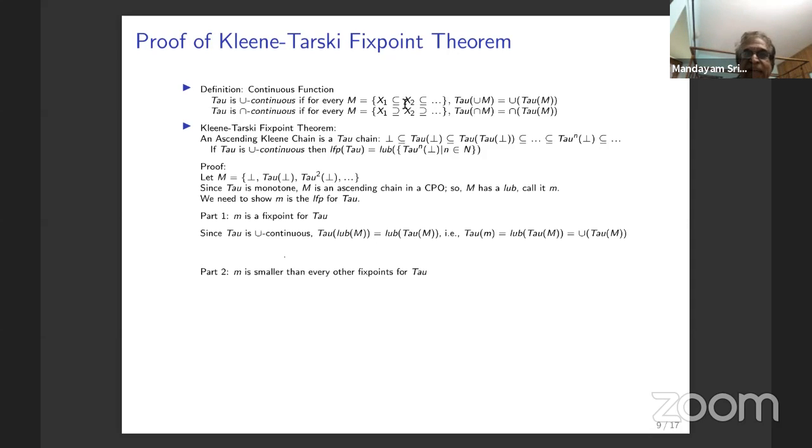Okay, so that is guaranteed by the fact that tau is continuous. And LUB of M is M, which means that tau of M is equal to LUB of tau of M, which for a chain is just a union of all the repeated tau applications. Okay.